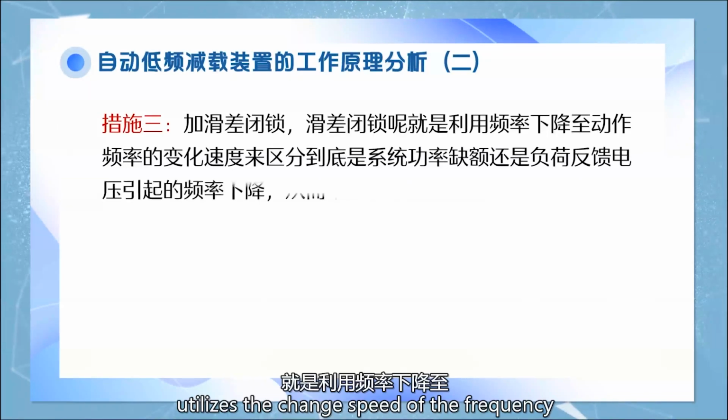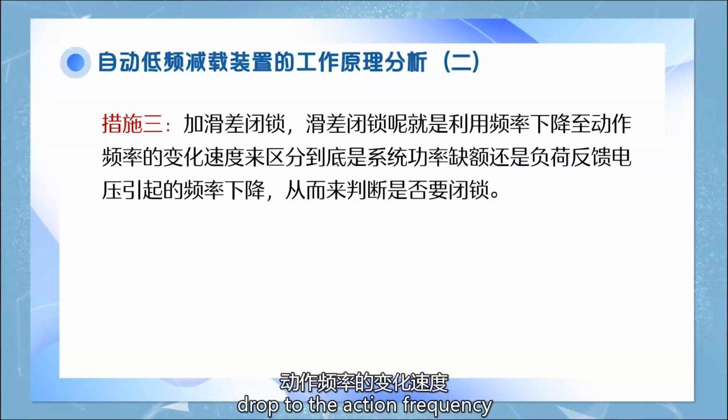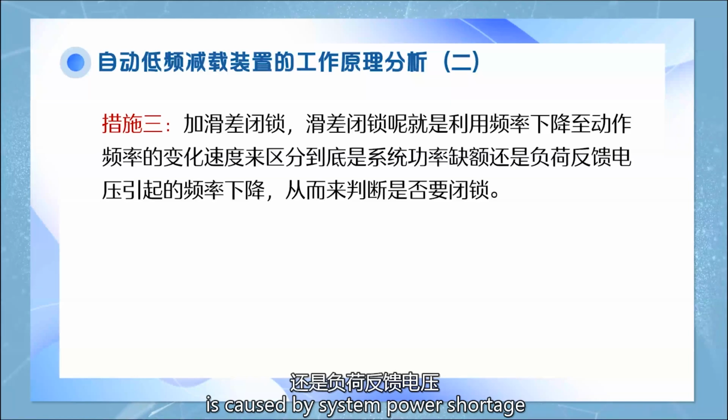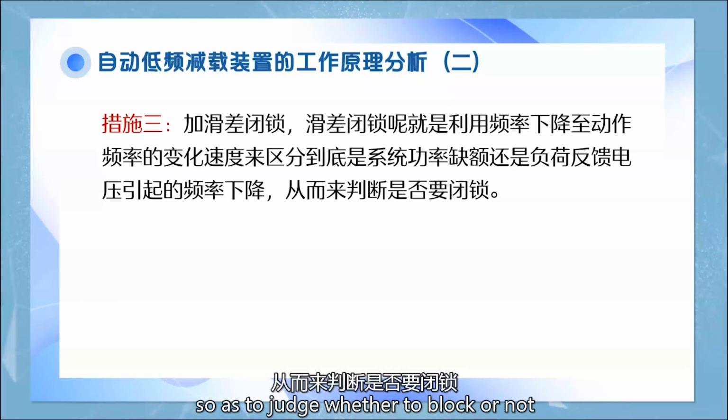Sleep locking utilizes the change speed of the frequency drop to the action frequency to distinguish whether the frequency drop is caused by system power shortage or by low feedback voltage, so as to judge whether to block or not.